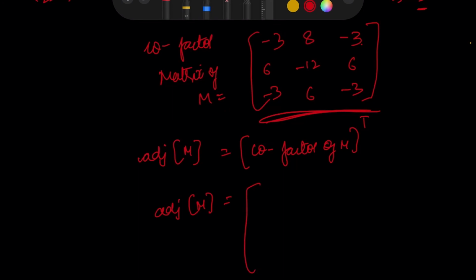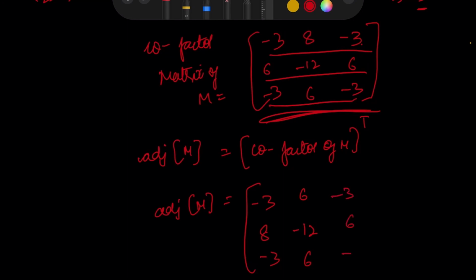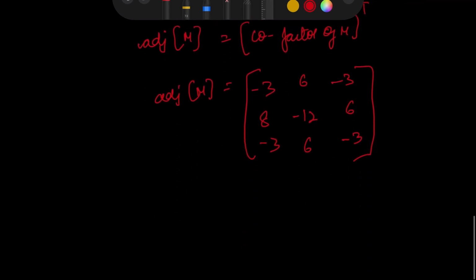Right? So first row elements in the first column, negative 3, 8, negative 3. The second row elements in the second column, 6, minus 12, 6. The third row elements in the third column, negative 3, 6, negative 3. So this is the adjoint of the matrix M. So this is how you find the adjoint of a 3 cross 3 matrix.